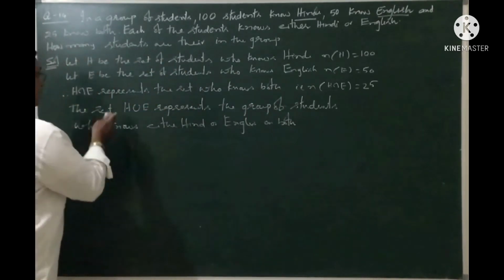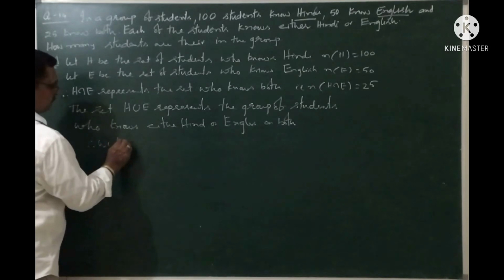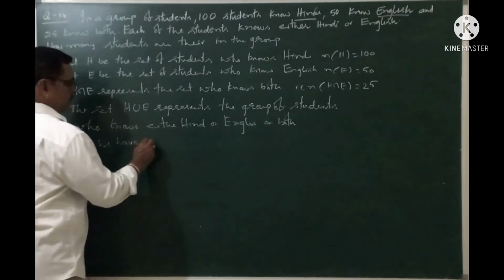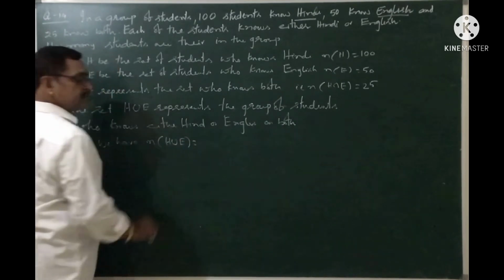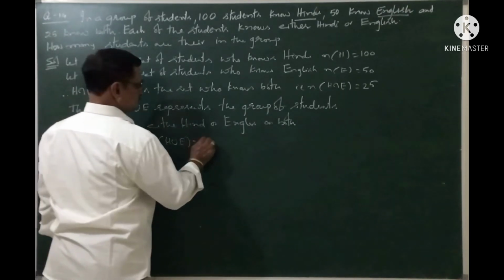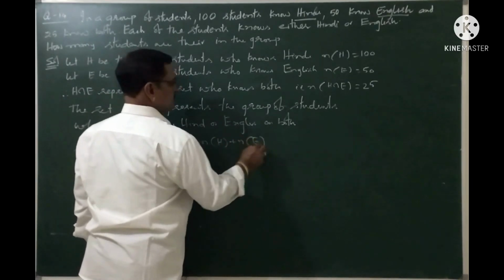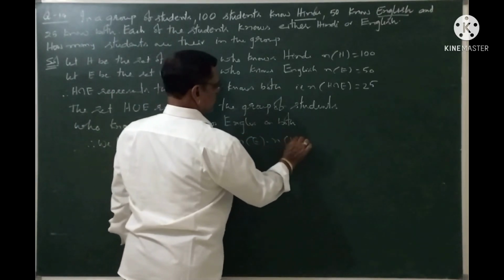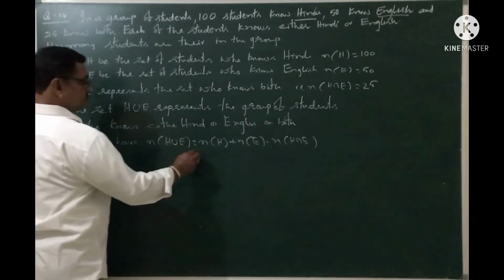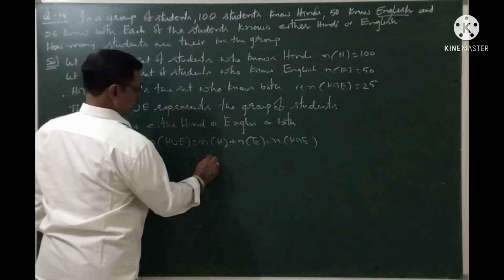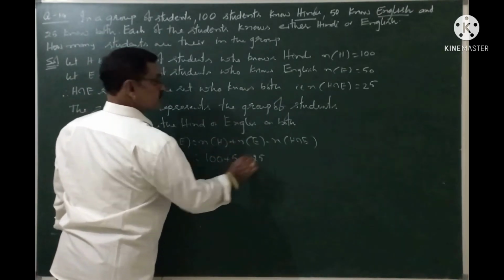So I'm going to find this. Therefore, we have n of H union E is equal to n of H plus n of E minus n of H intersection E. Substituting the values, we have 100 plus 50 minus 25.